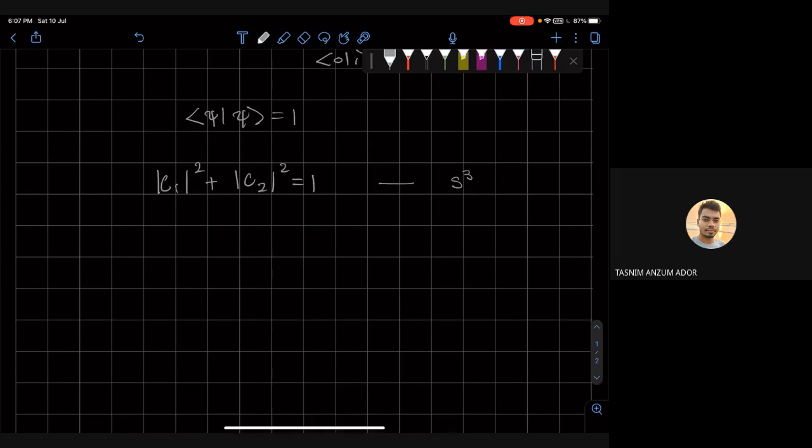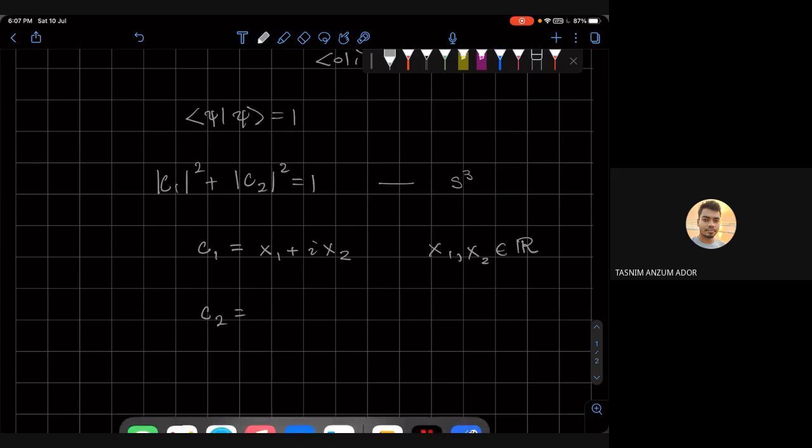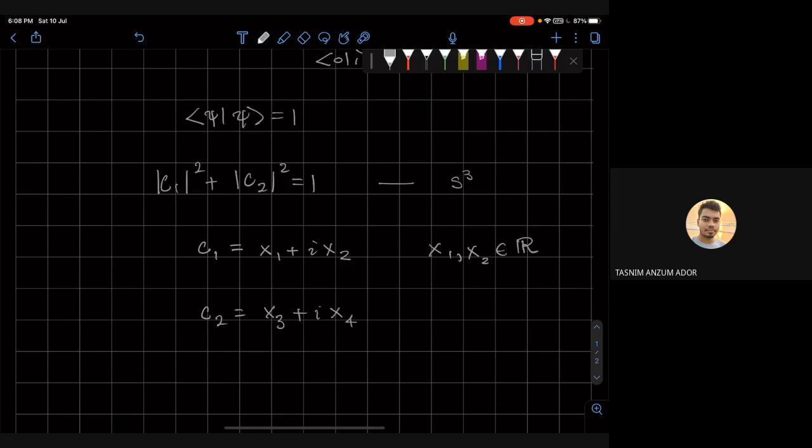Well, the way it's the case is that suppose I write C1 as a complex number, say x1 plus i x2, where x1 and x2 themselves are real numbers. And I can write C2 as x3 plus i x4, where x3 and x4 are also real numbers.